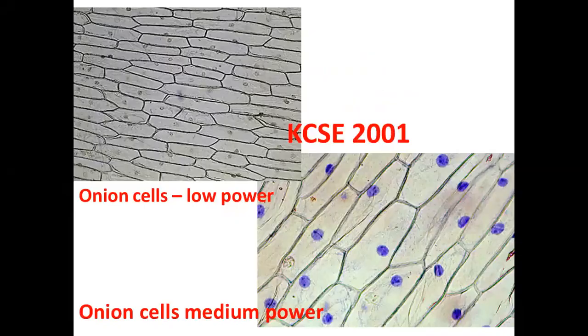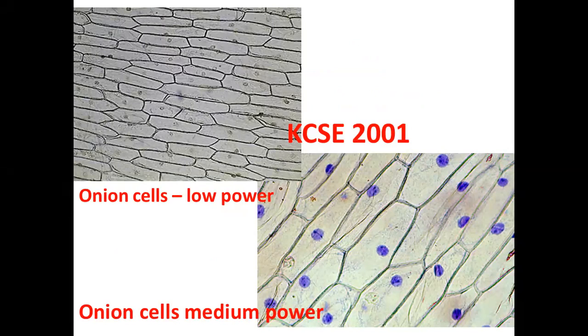So I was saying, you realize that low power will give you more cells, high power will give you fewer cells. But the question is, will the field of view affect the diameter of the cell? Will the field of view change the answer?